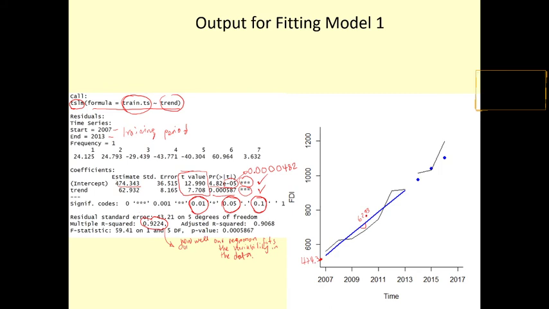In this instance, you can see how we have a very high R squared, 92%. So linear regression here is producing a very good forecast for FDI.